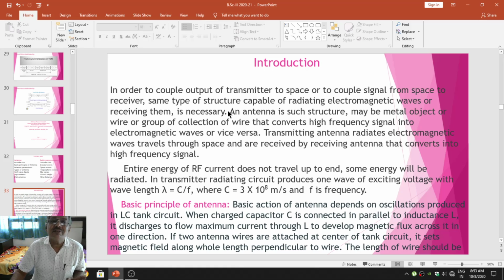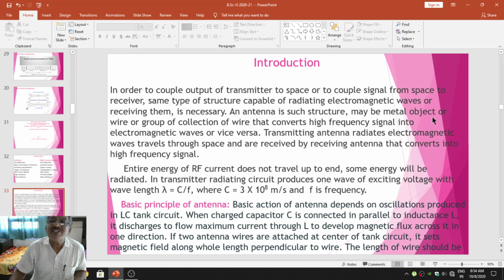It is connected to the transmitter or to the receiver, and it radiates or receives the electromagnetic radiations. And what is that structure? An antenna is that type of structure.